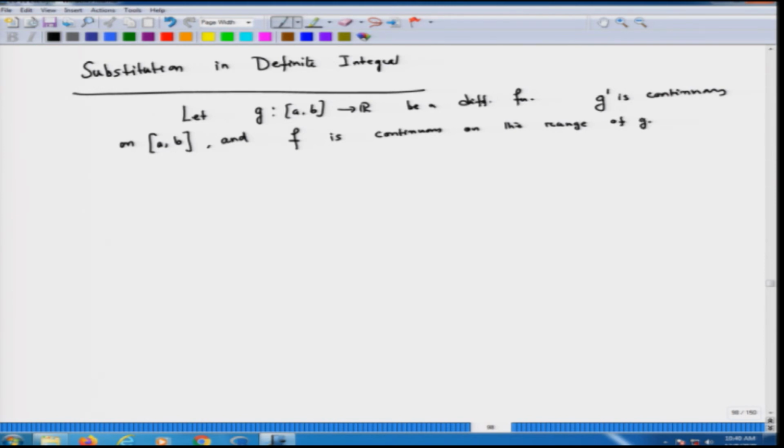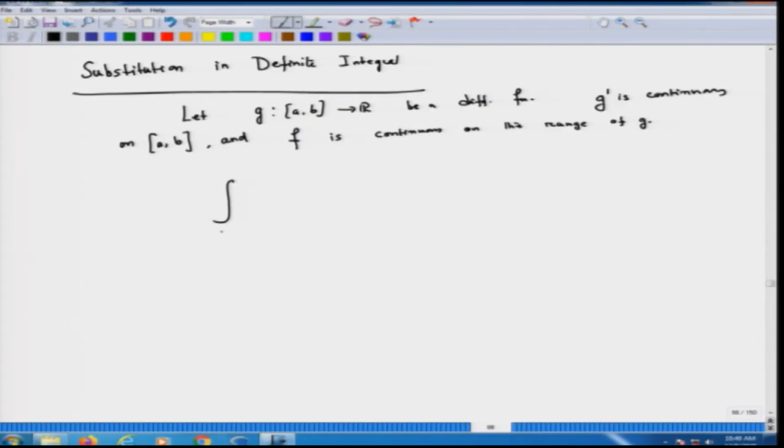Then we can talk of the composition of f and g, because f is defined on the range of g, therefore f composed with g is defined. So, f composed with g is well defined.